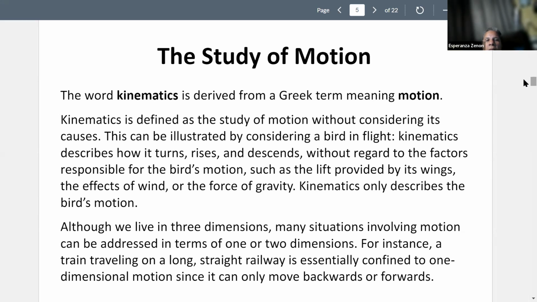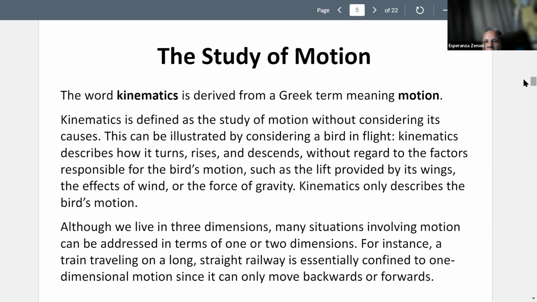And so the important thing about giving a kinematic description of a moving object is you don't focus on the causes for the motion. You have no idea what caused the object to move, or why it's moving.